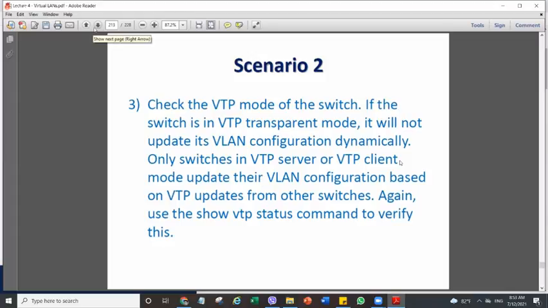If you configure all in server mode, and you and I are both servers, and you configure only yourself, you expect me to take the configuration from you, but I will not take it because I am also a server. If both ends are servers, that is problematic. You have to configure both server switches. But if you are the server and I am the client, then obviously the VLAN configuration will be shared.